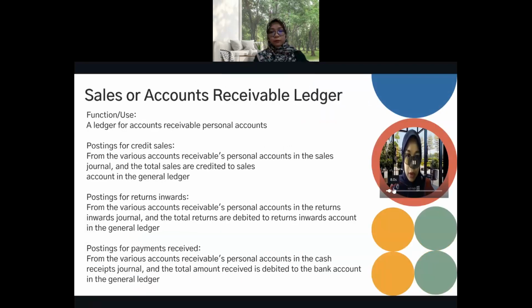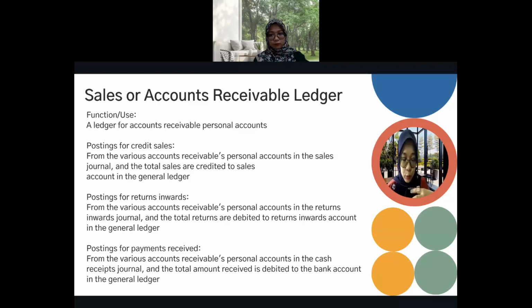Meanwhile, the sales or account receivable ledger is used to record account receivable personal accounts. For example, posting for credit sale means debit account receivable, credit sale. It can also be used to post return inwards, when the customer is not satisfied with our goods and wants to return the inventory to us.